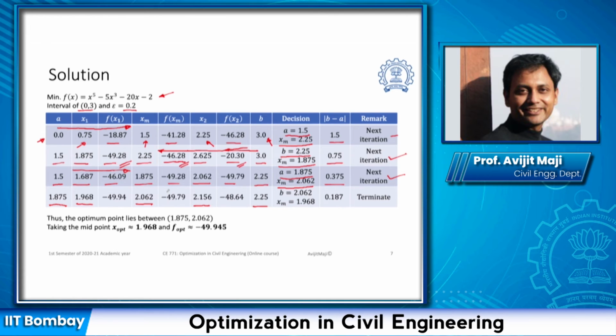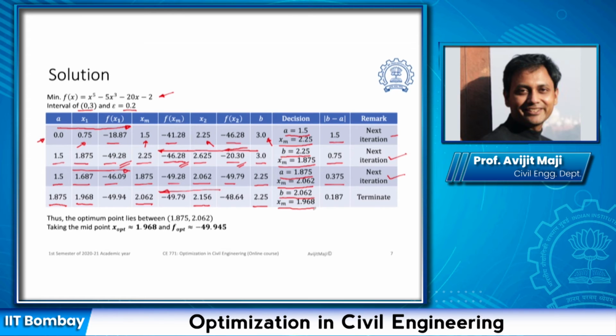So we can eliminate the region which is on the right hand side of the middle point xm. Once we eliminate, my upper boundary is going to be the middle point, which is 2.062, and the new middle point is going to be 1.968, which is x1.